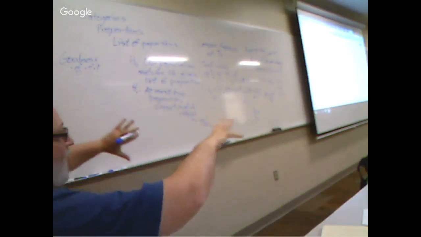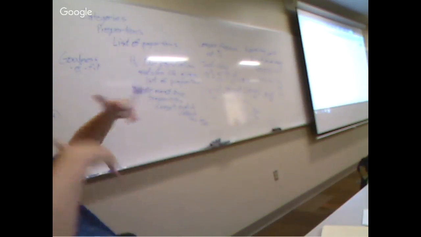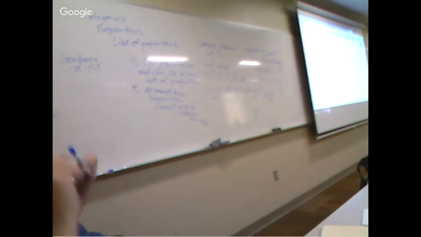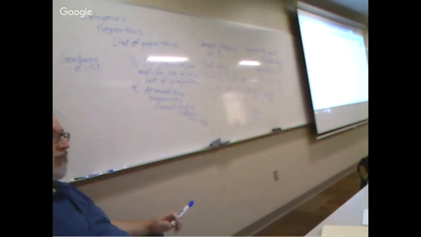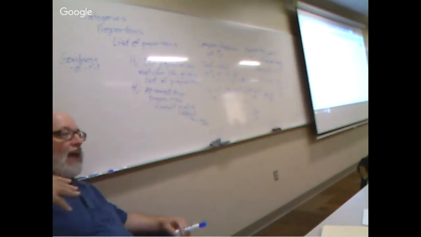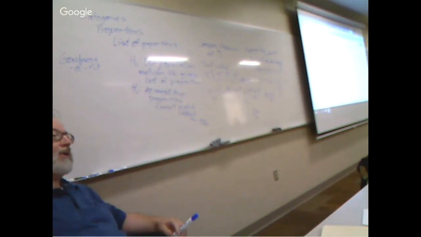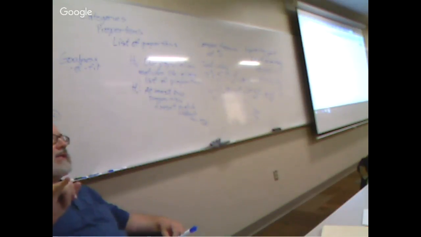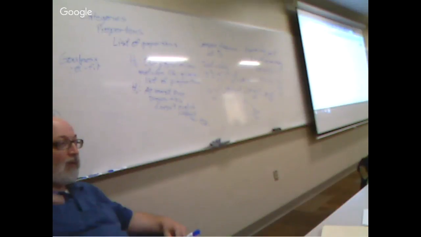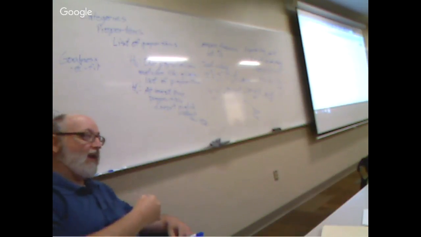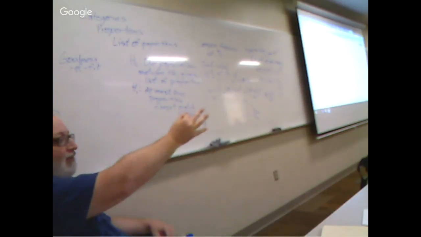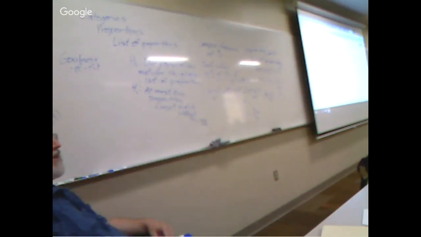We come up with 4 different numbers, and then the formula says add them all together. We get 18.33. That's our test value. However many categories we have, that's the number of times we have to do this calculation. The first calculation step is to get the expected frequencies. Then the second calculation step is to find all the chi-squared numbers, use the formula, and then add them all up. So we get the test value.